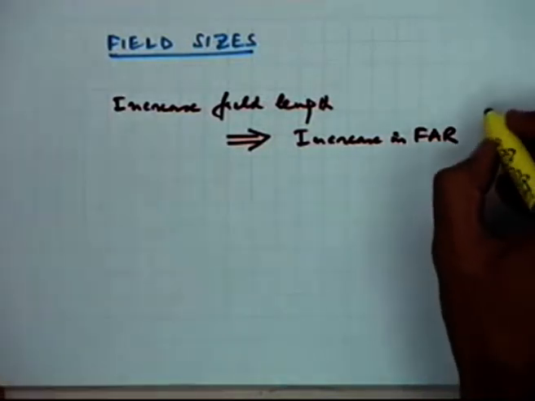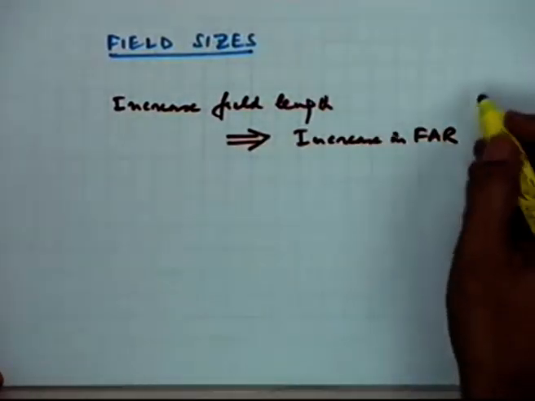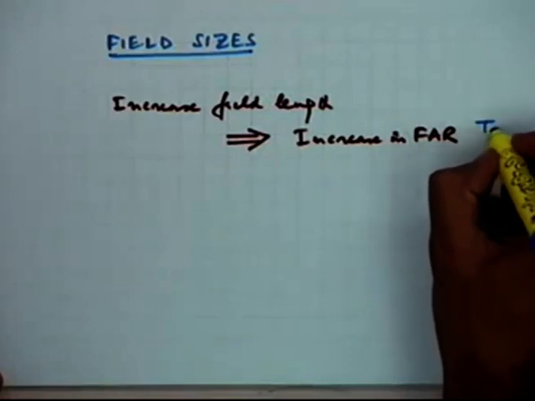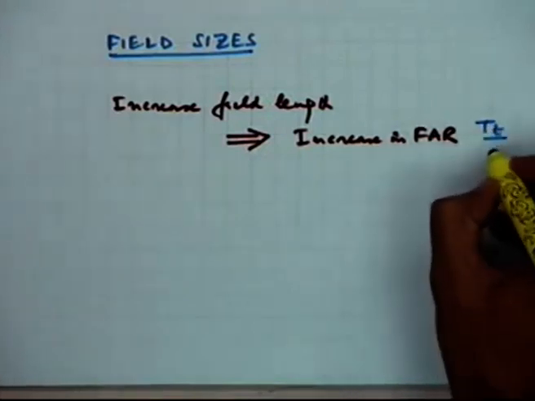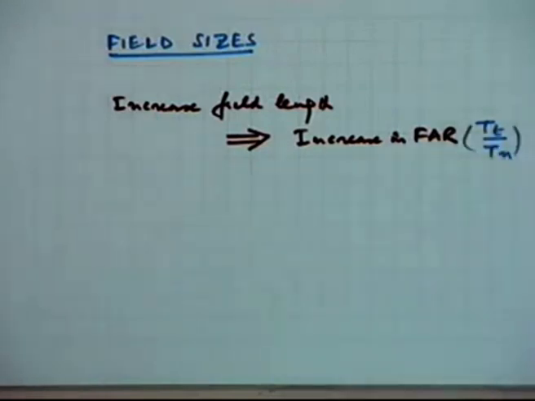And FAR we had defined as a ratio of advance time to the net time.